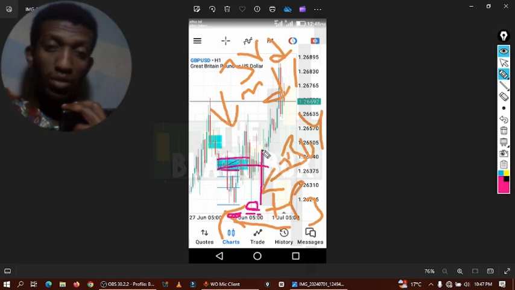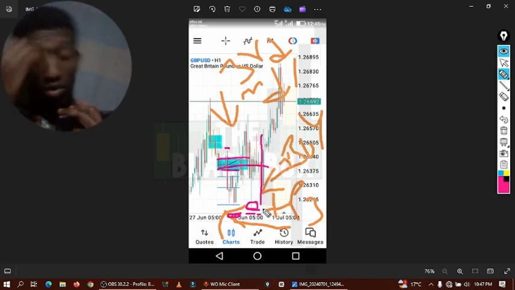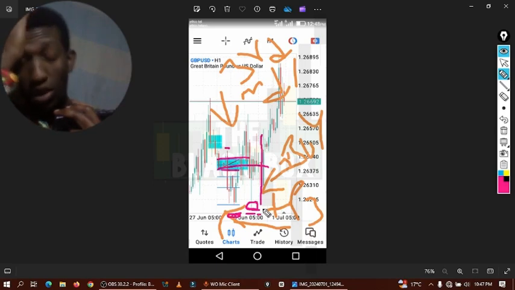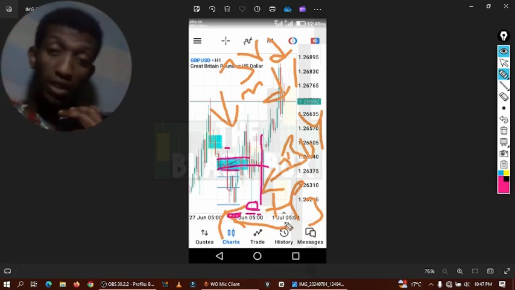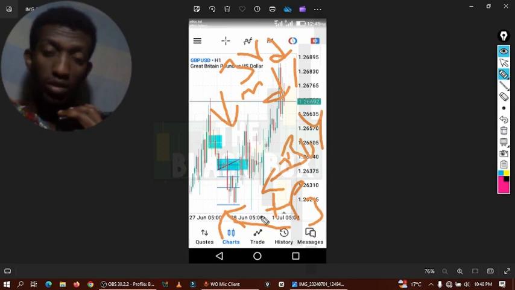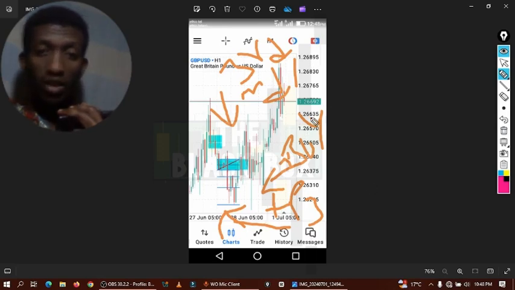The price just went up, took out the high and moved up. Maybe that could be 1 to 9, 1 to 10 risk to reward, something like that. It was nuts. So this is exactly the whole business.